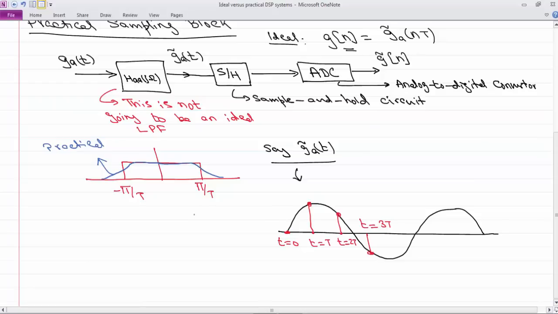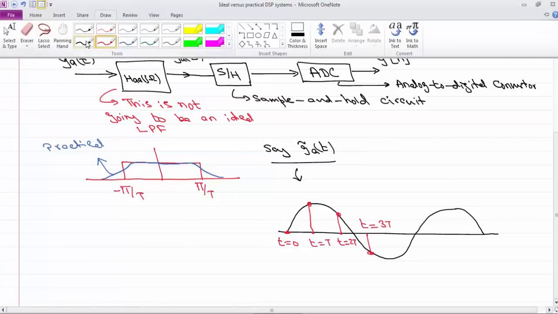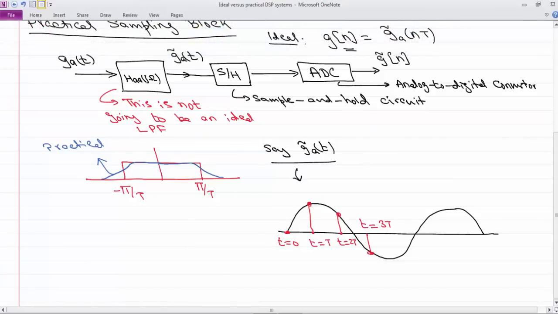So what the sample and hold circuit does is this: say you want to sample this second point, t equal to T. That value needs to stay constant at the input of some circuitry so that the circuitry can read the value properly.